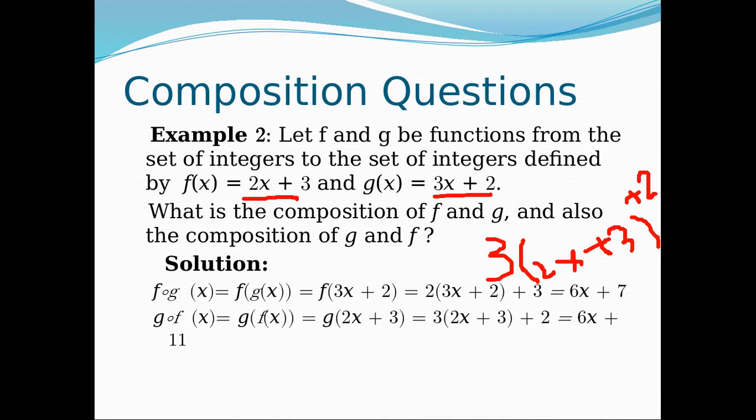Sorry, we had to put this one, so 3 into 2x plus 3, which is 6x plus 11. And g of f is 3x plus 2, and 2 into 3x plus 2, plus 3, right?